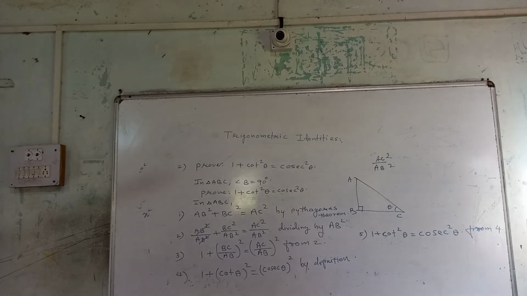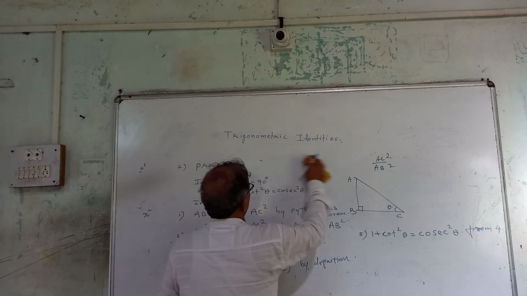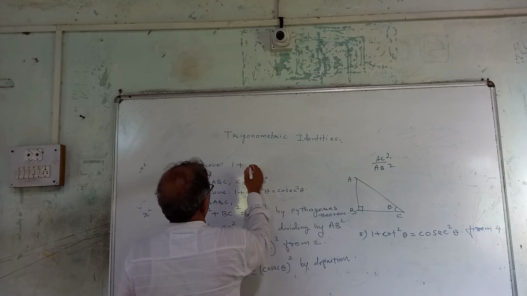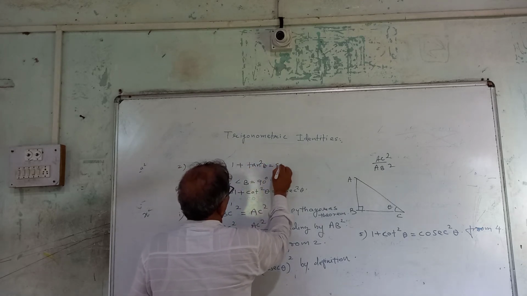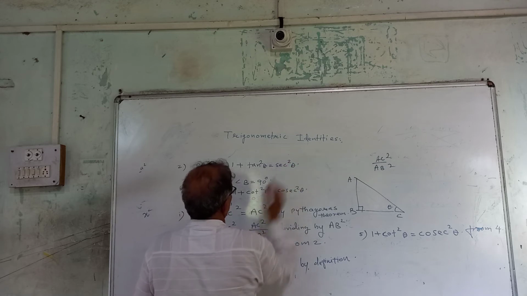Now there is one more identity which is also proved with the help of Pythagoras theorem. Okay. And what is that identity? The third identity is prove 1 plus tan square theta is equal to sec square theta.